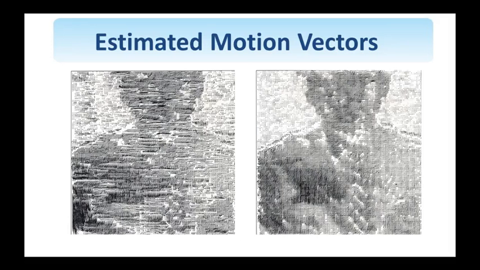We show here two different versions of the dense motion field that was obtained using the pel-recursive algorithm, and this motion field was used to generate the displaced frame difference that was shown in the previous slide. So this is dense, which means there's one vector per pixel, and the general observation here is that the motion vectors on the right, by and large, are smoother than the motion vectors shown on the image on the left.